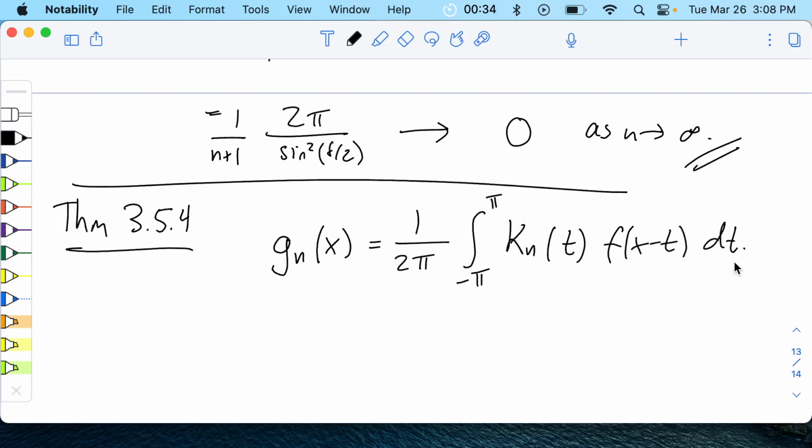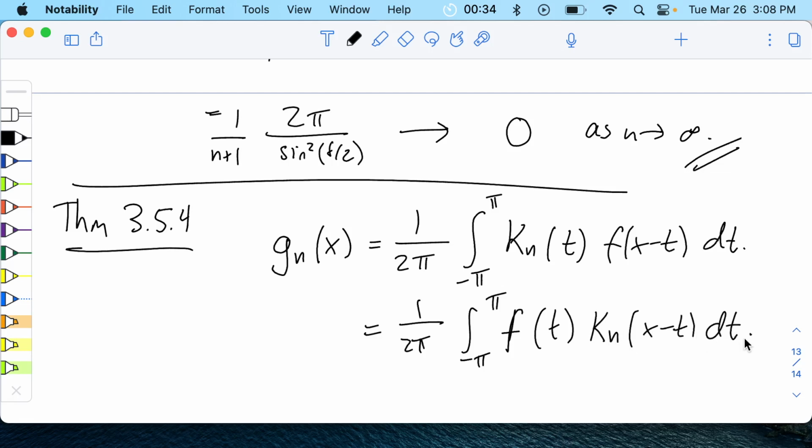Okay, I did a swap here. I think we had it originally written as the integral from minus pi to pi of f of t, and then I said kappa_n of x minus t dt. So I did a swap here where I wrote one of them with a t and the other with an x minus t, and then in this one I wrote the f with a t and the kappa_n with an x minus t.